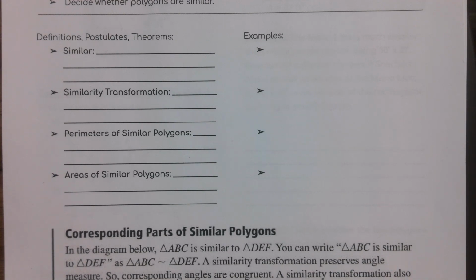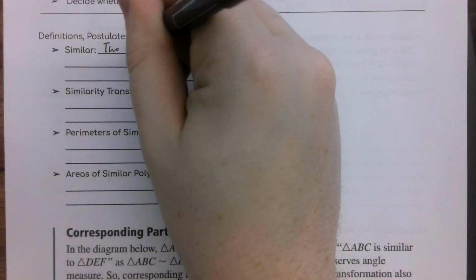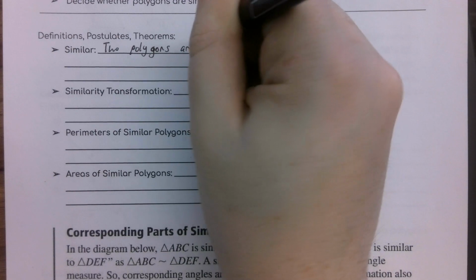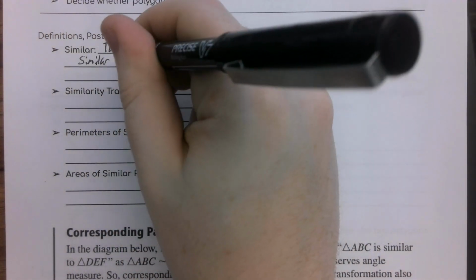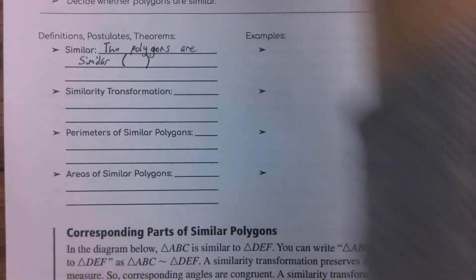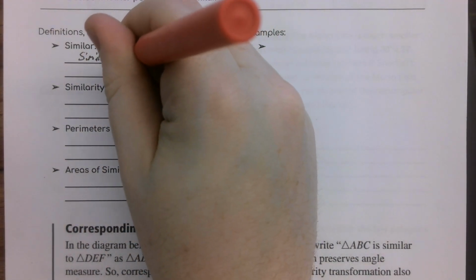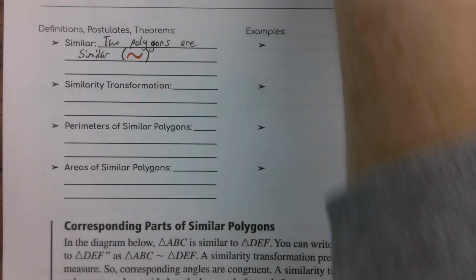First of all, we say that two polygons are similar, and we use this symbol here without the parentheses. It's called a tilde, and we use a tilde symbol to represent similarity.